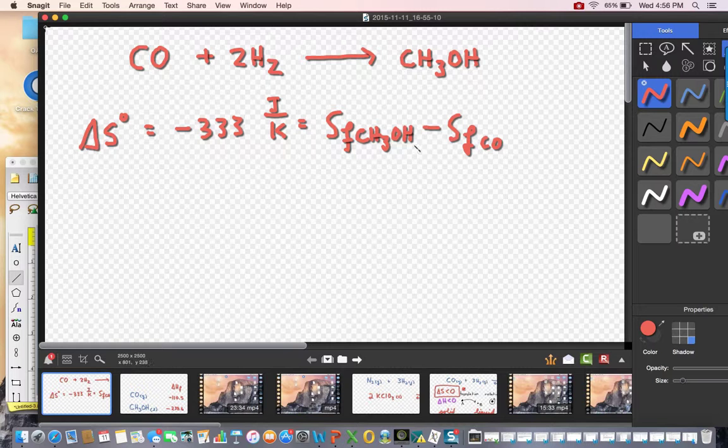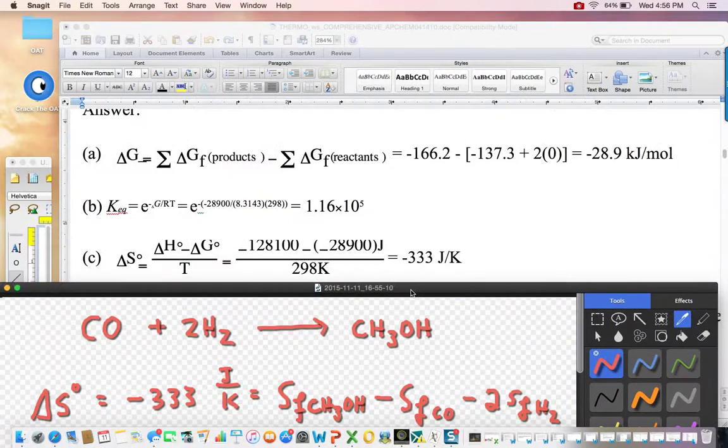Of course, this is given information, minus 2 times the S of formation of H2. This is our unknown value. We have one equation and one unknown. We can solve this exactly. So all these units are the same. I'm simply going to drop them. I can find the S of formation of H2 as being equal to the S of formation of CH3OH.